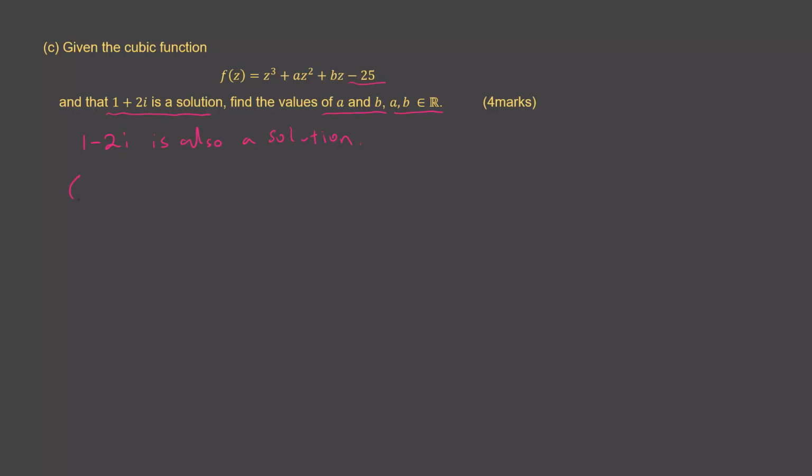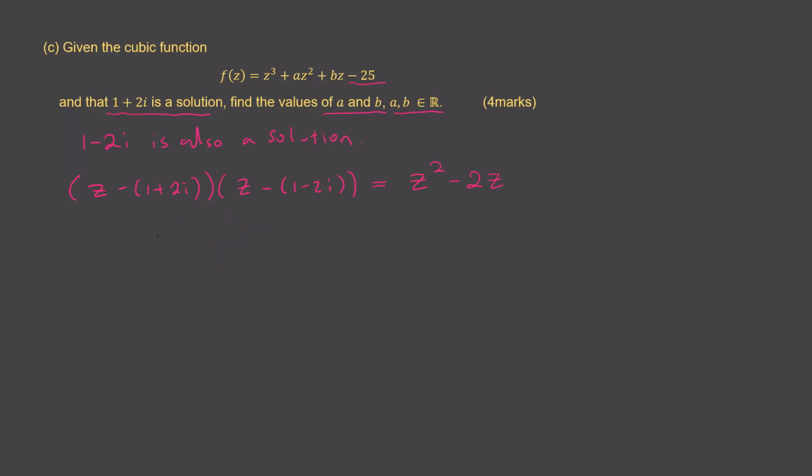That means that (z take away 1 plus 2i)(z take away 1 minus 2i) would be a factor. So let's expand that out. We get z squared minus 2z, because when you do the cross terms, you get a plus 2i there and a minus 2i over there, which means you end up with just the negative 2.